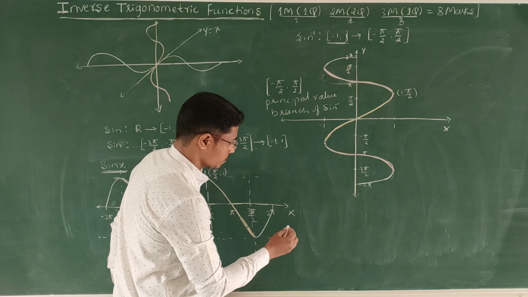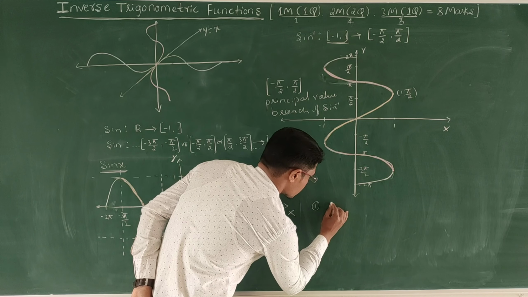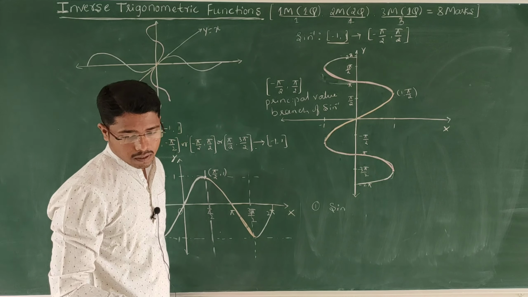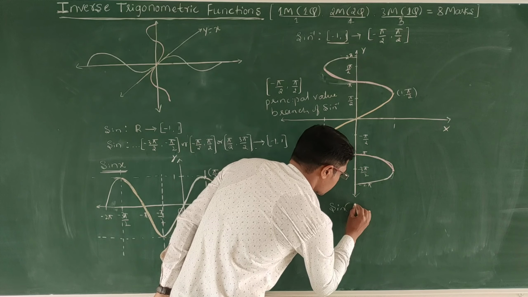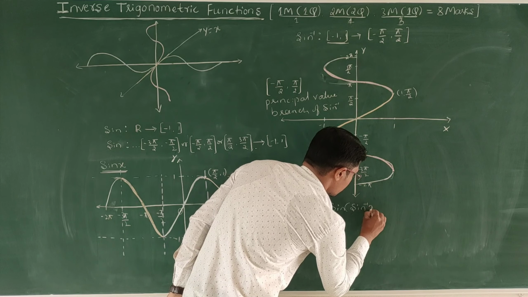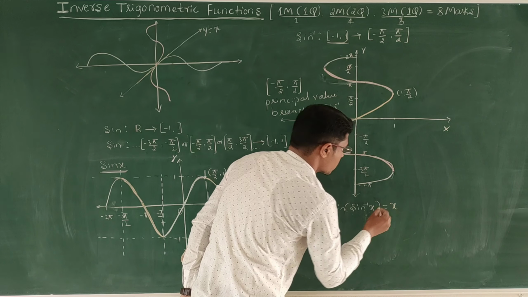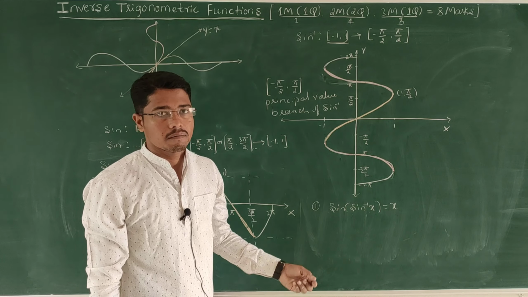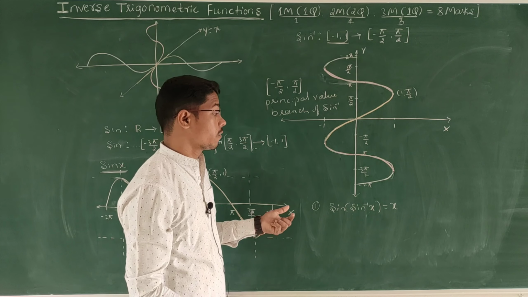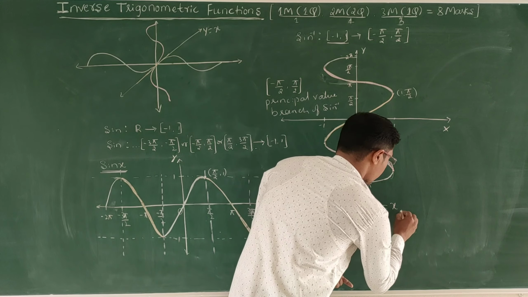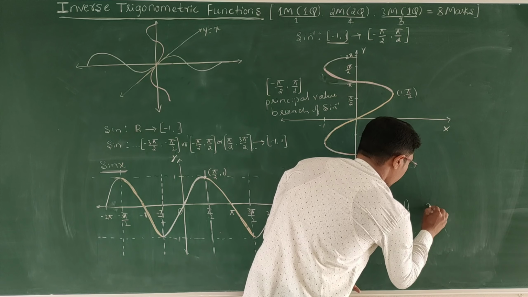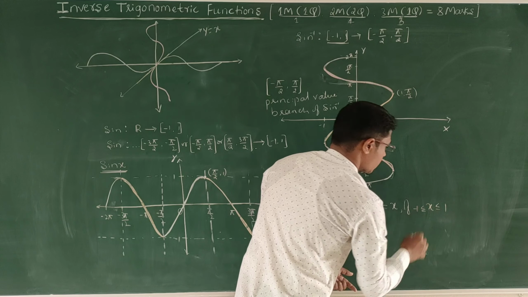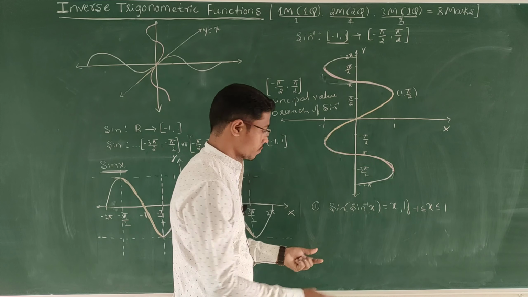And see here now some notes. Sine of sine inverse x equals x, because sine and its inverse cancel. Sine of sine inverse x equals x if x is between minus 1 and 1, inclusive.